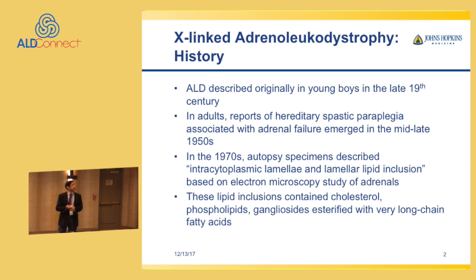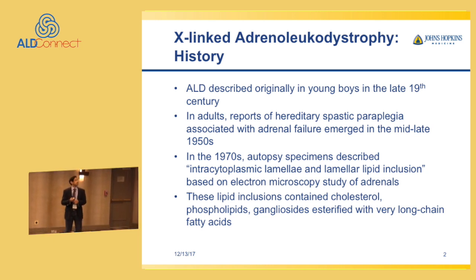So just a little bit of history, perhaps not necessary for this crowd, but ALD was described originally in young boys in the late 19th century, and in adults, reports of hereditary spastic paraplegia associated with adrenal failure emerged in the late 1950s.